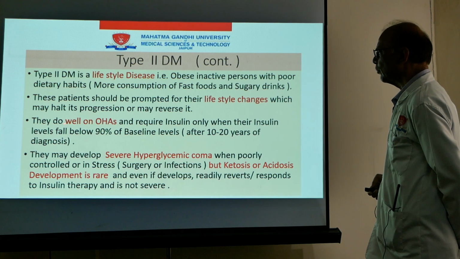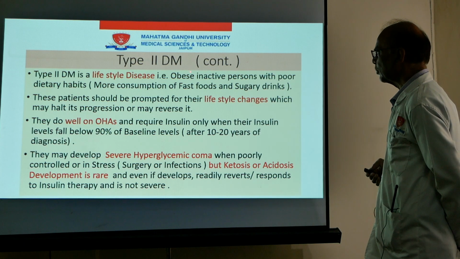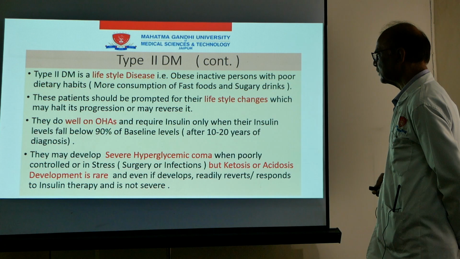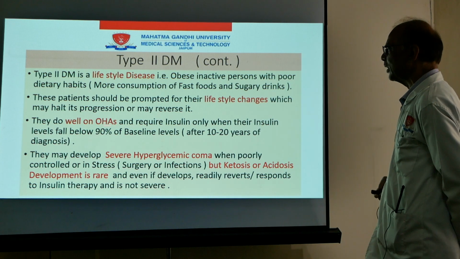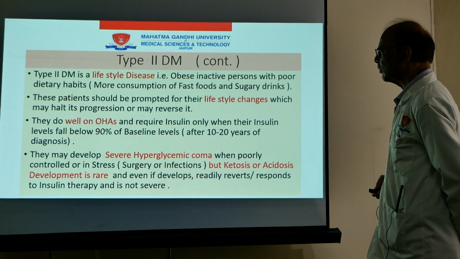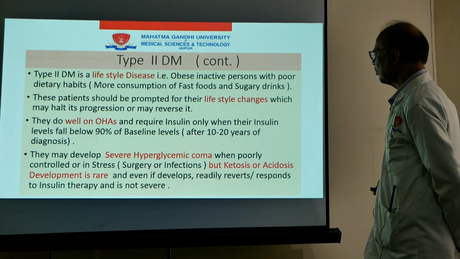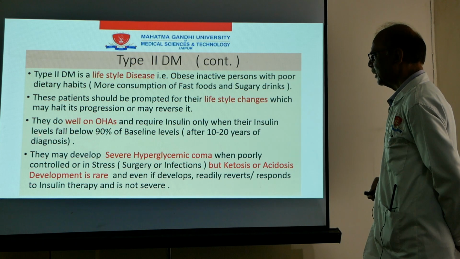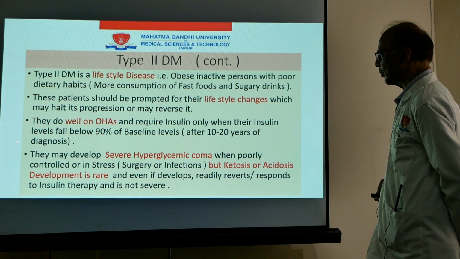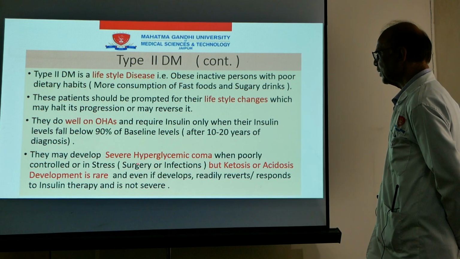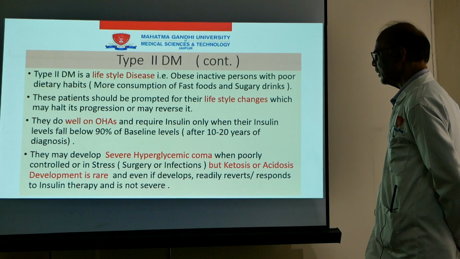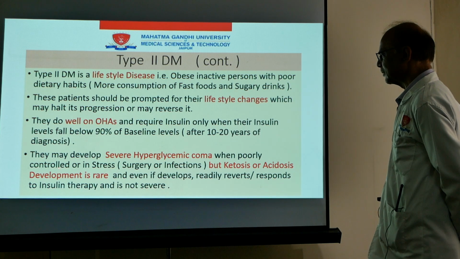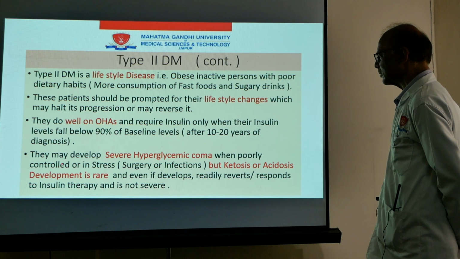They do well on OHAs. Such type 2 diabetes mellitus patients do well on oral hypoglycemic agents, and they require insulin only when their insulin level falls below 90% of the baseline level. That is around 10 to 20 years after diagnosis of diabetes mellitus, they may require insulin for better control. They usually develop severe hyperglycemia when they are under stress or undergoing surgery.